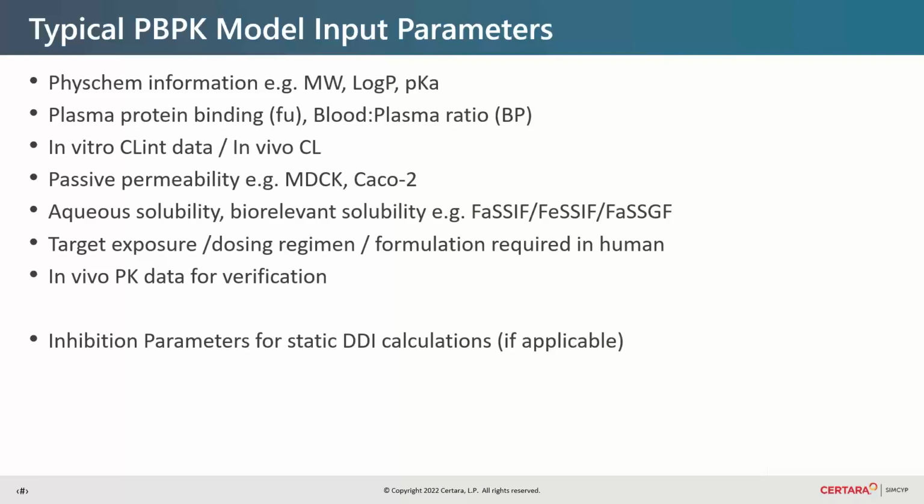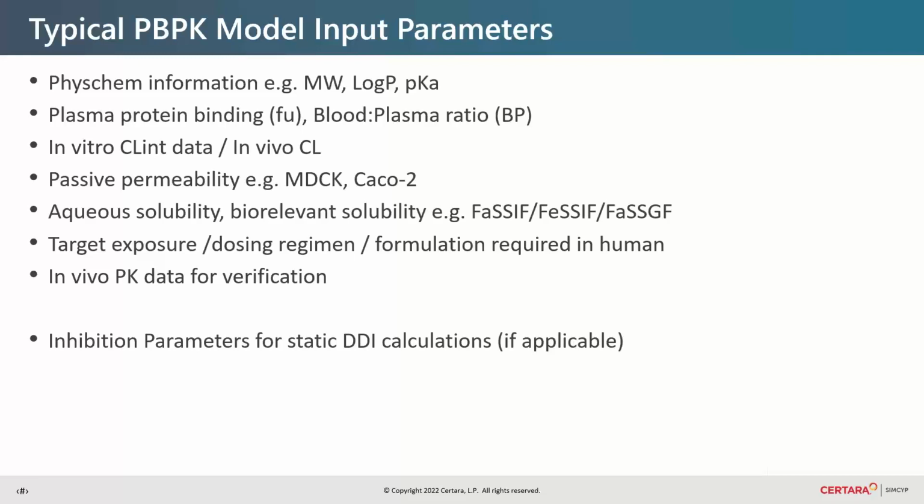If we're going to go to quite detailed modeling of absorption, then we need information about solubility, and often that will be measured in biorelevant media. We need an idea of the target exposure, the dosing regime, and what kind of formulation we're going to use in human. Obviously, within the simulator, we can look at different options here and see which ones will give us the desired profile.